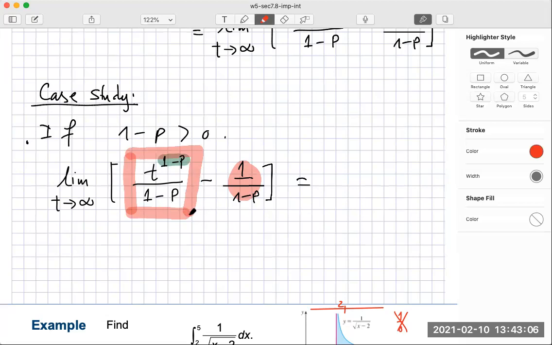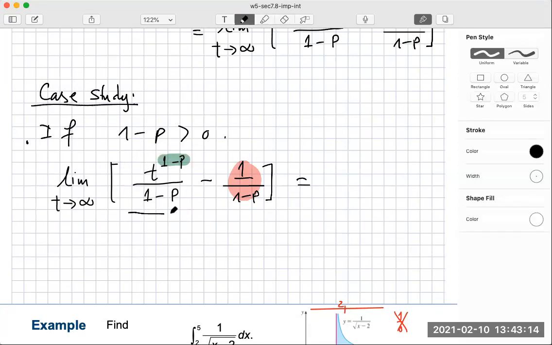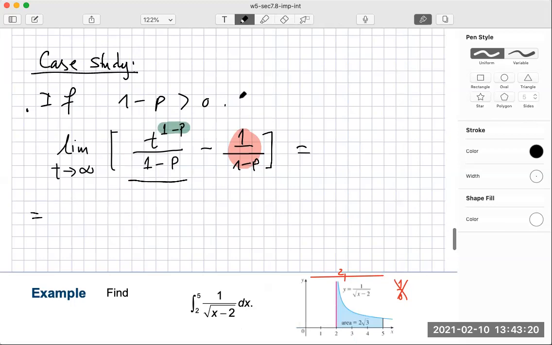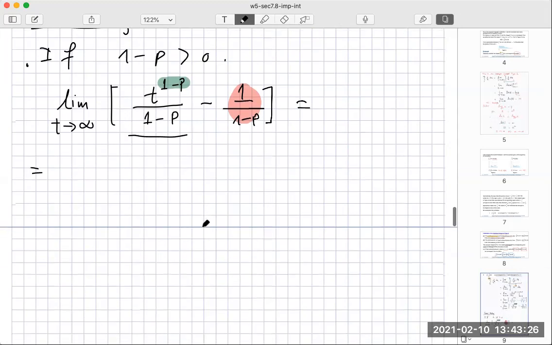Subtract a number, it's still continuous. And the limit, when t approaches infinity, the first term matters. The second term will be simply that number. So when we take the limit, it is the same as the limit. Go back to Calc 1 notes and review this.